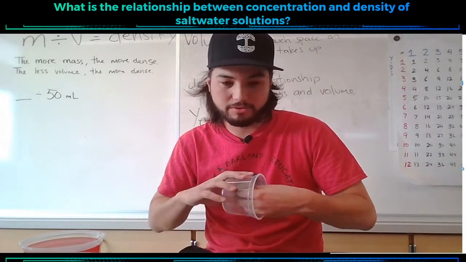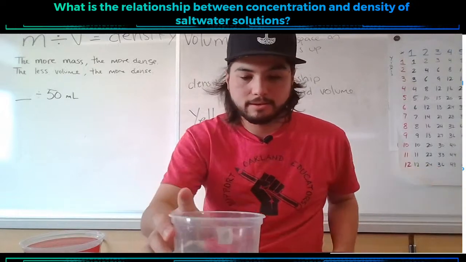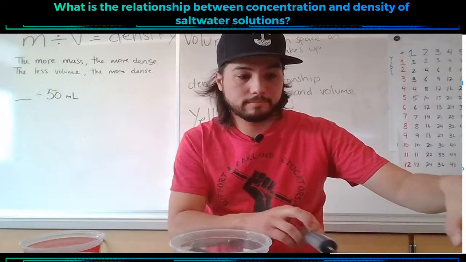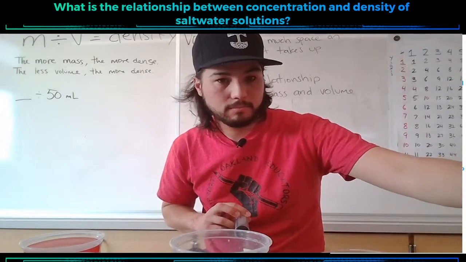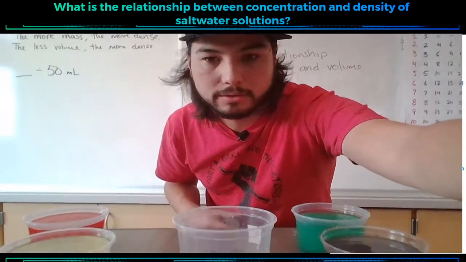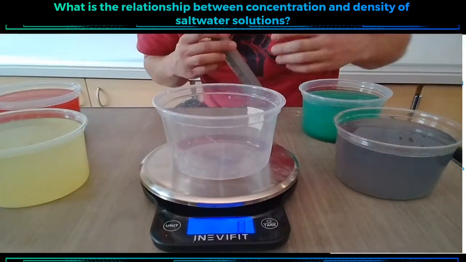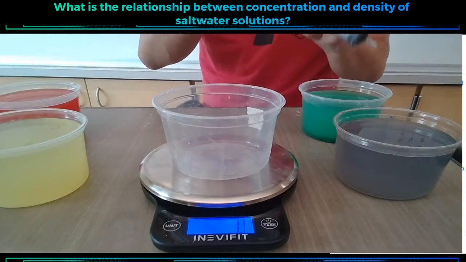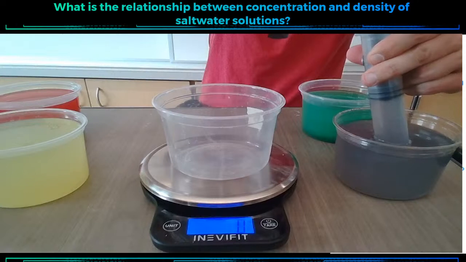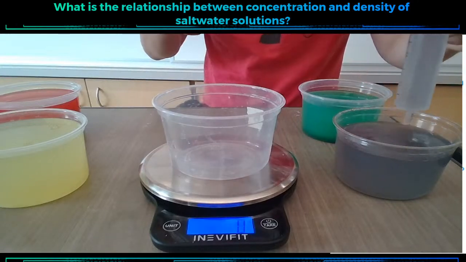I really appreciate it. All right, next. Should we go green or purple next? We've got 2 more. We got our purple. We got our green. Let's go purple next. Let's switch it up. Okay, so we're back at 0. 50 milliliters of the purple solution.